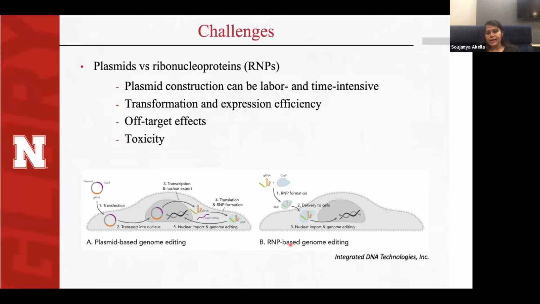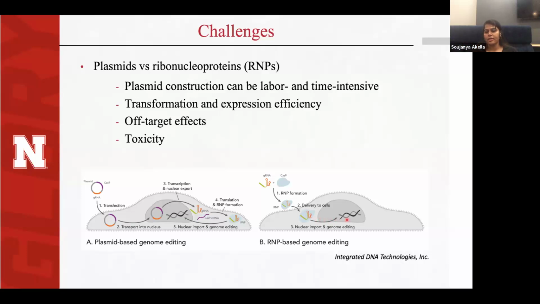Whereas with RNPs, the advantage is you've already done the work of expressing the Cas9 and the guide RNA outside. You just deliver the complex to the cells, which, if you're using electroporation, which is what we use in CLAMI, basically creates holes in the cells, and then the complex can come in if the cell is willing to take it up, and that's it.